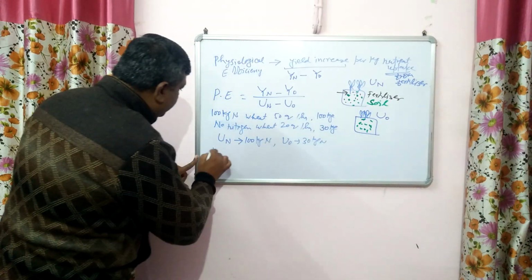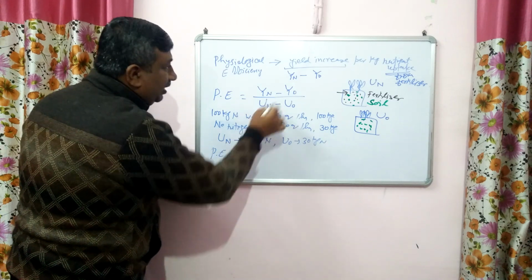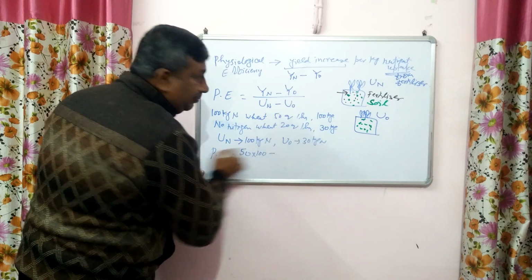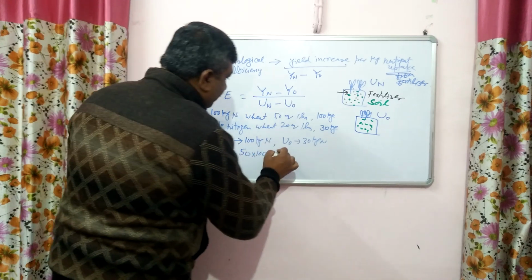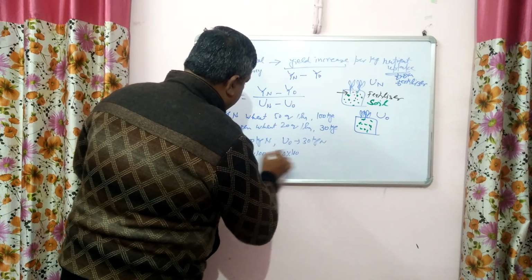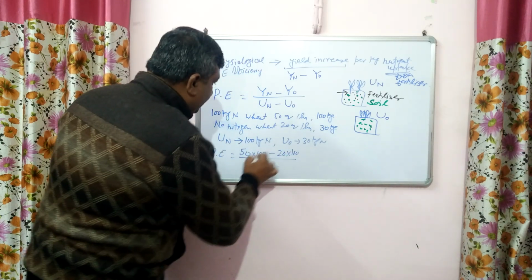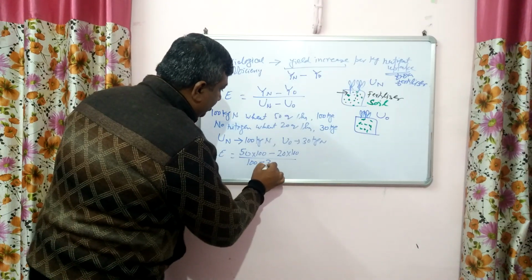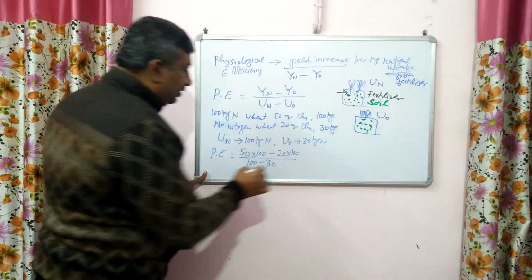So physiological efficiency PE is equal to YN minus Y0, means 50 quintal, we have to convert into kg per hectare by multiplying by 100, so (50 minus 20) into 100, divided by 100 kg nitrogen uptake from the fertilized field minus 30 kg nitrogen uptake from the unfertilized field.